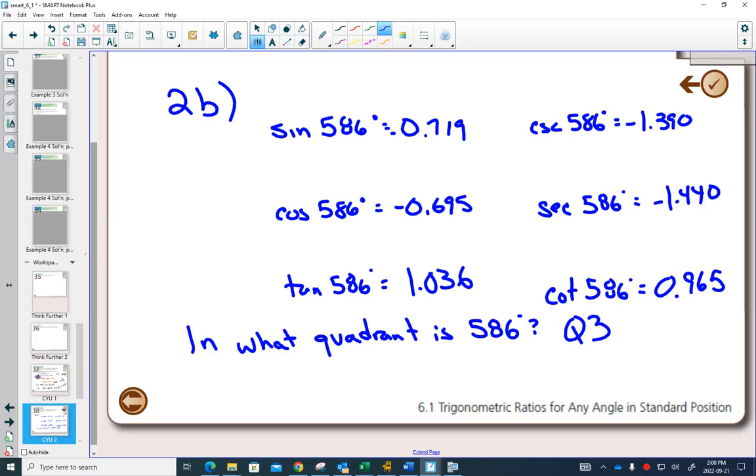Good. Are there other ways that you could tell it's in quadrant 3? Yeah, 586 minus the 360 leaves you with the 226, and that has to be in quadrant 3, so that matches up. Can anybody tell me that if I gave you these answers, but I blurred out the 586, the answers tell us it's in quadrant 3?